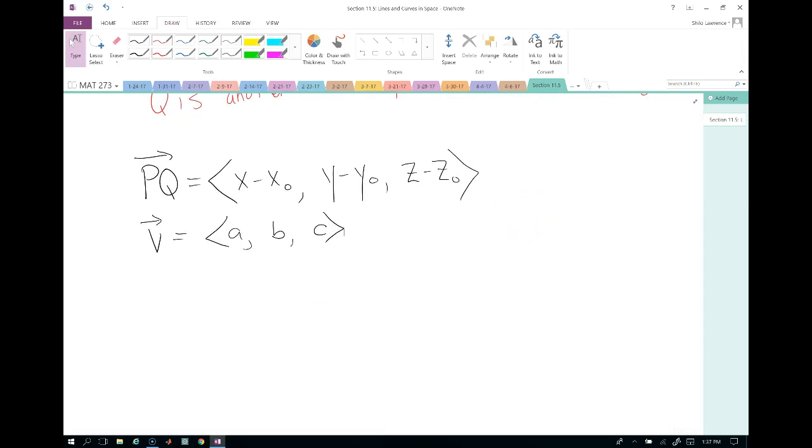So remember what parallel means. It technically means that we could set those up as a ratio and they will all be equal. This is one format that we can write the equation of a line in.